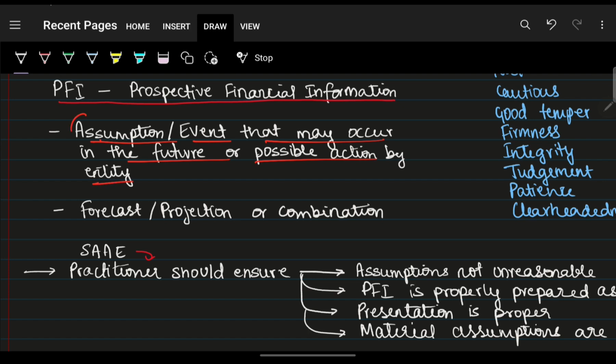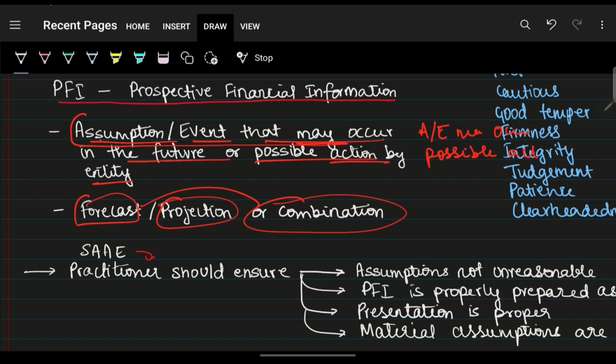So, it is either an assumption or an event that may occur in the future, or it is a possible action by the entity, or it includes a forecast or a projection or a combination of forecast and projection.